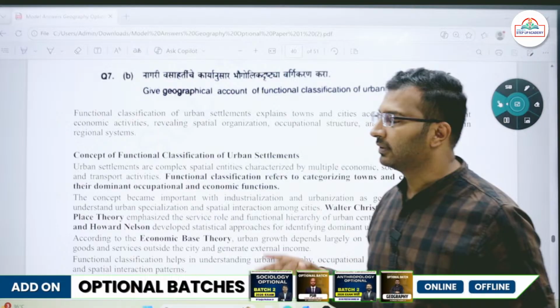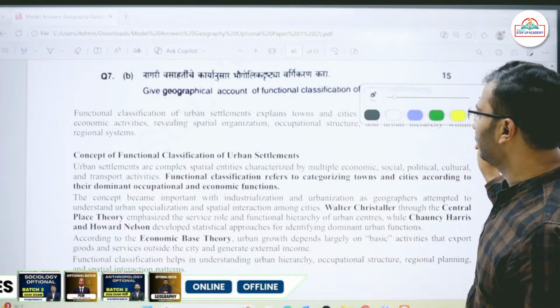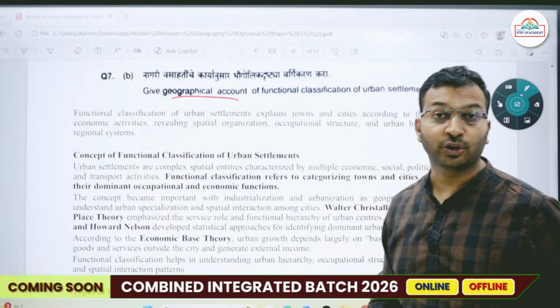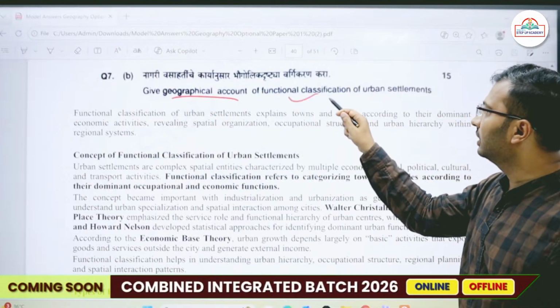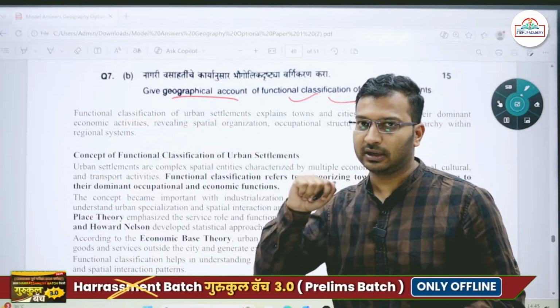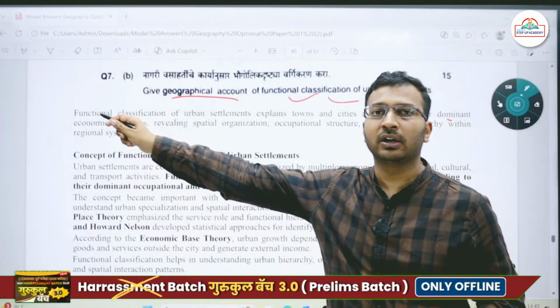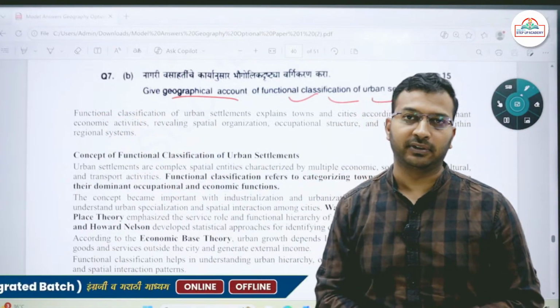Question number 7b. Give a geographical account of functional classification of urban settlement. So if we talk about the functional classification of urban settlement, it is basically according to the dominant economic activities.